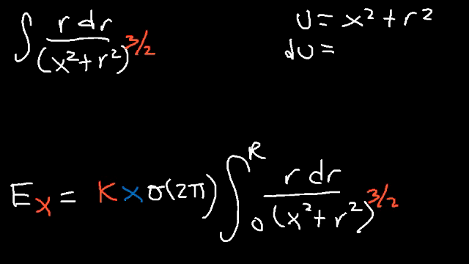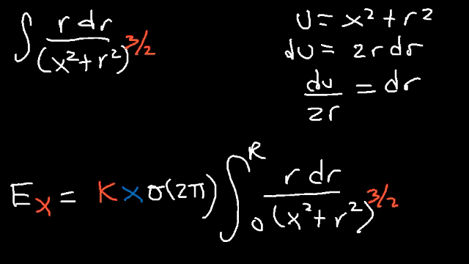The derivative of any constant, like x squared in this case, is 0. So it's going to just disappear. The derivative of r squared is 2r times dr. So solving for dr, dr is du divided by 2r. So this is going to be r divided by u raised to the 3/2.